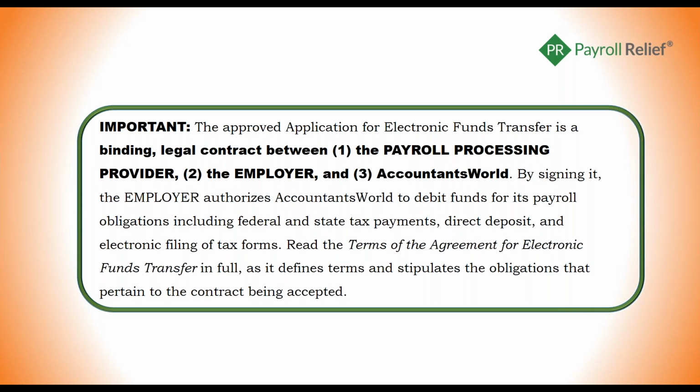By signing the agreement, the employer authorizes AccountantsWorld to debit funds for its payroll obligations, including federal and state payments, tax payments, direct deposit, and electronic filing of tax forms. The employer must read the terms and conditions of the application in full as they define the terms and obligations that pertain to the contract that they are accepting.